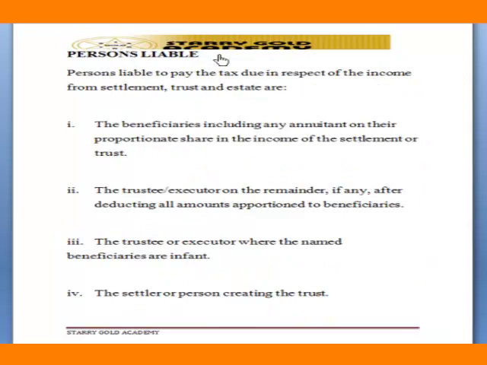Okay, so persons liable. Who are the persons that are liable to taxation under this aspect, estate, trust and settlement? Who are the persons liable? The beneficiaries, of course, including the annuitants, the executor or trustees, and the infant that is named as beneficiary, are all liable to tax.